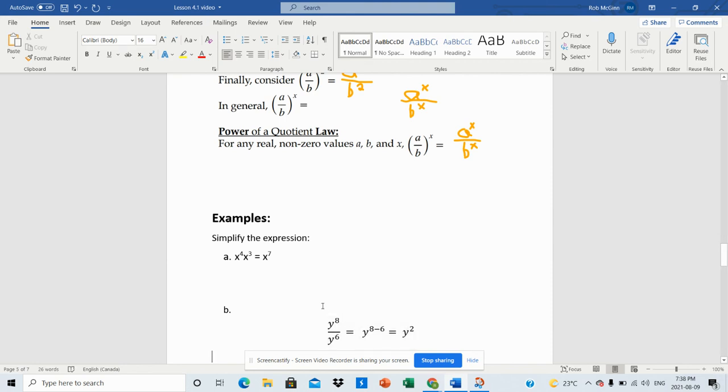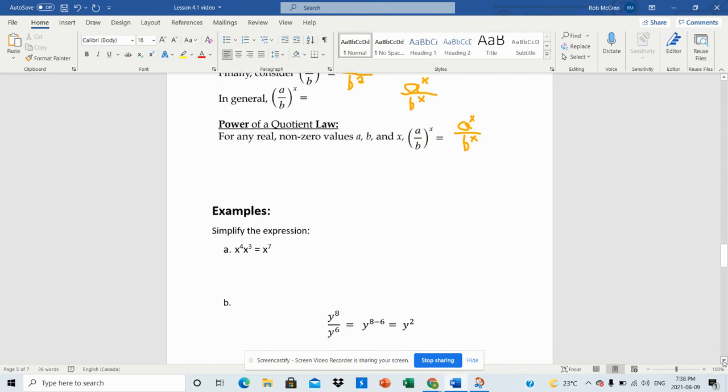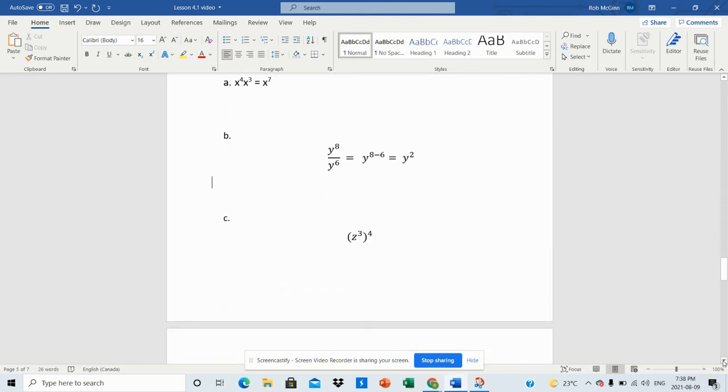So dividing two exponents with the same base, we just subtract our exponents. In this case, our numerator exponent was 8, denominator exponent 6. 8 minus 6 is going to give us 2. So we're left with y squared.